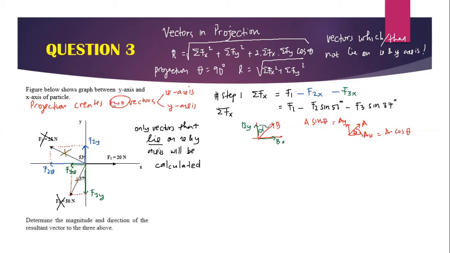So Bx is B sine alpha, and then By is B cosine alpha. So when you find alpha, the angle with respect to the factor, it will be cosine. Is it clear, everyone? Okay, next. We can continue this question.